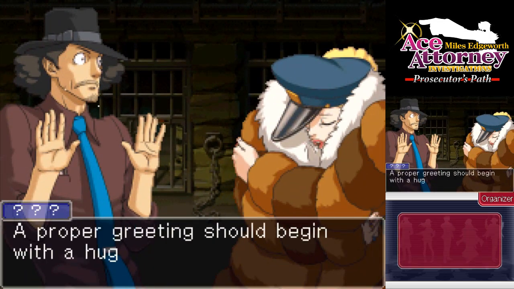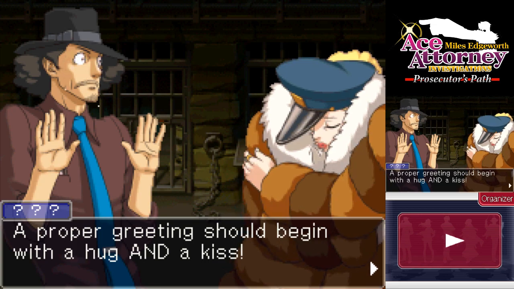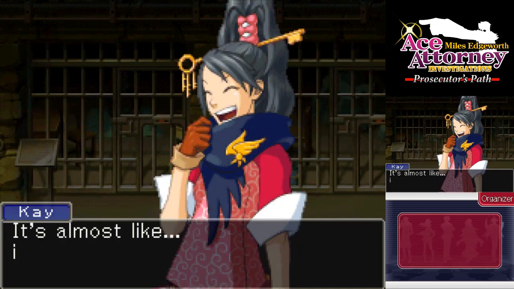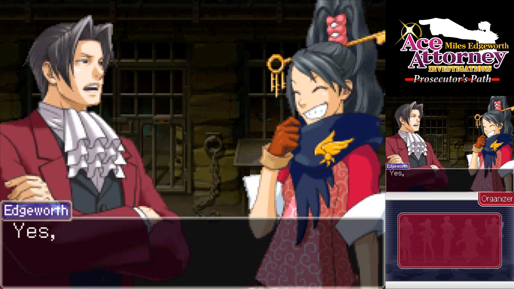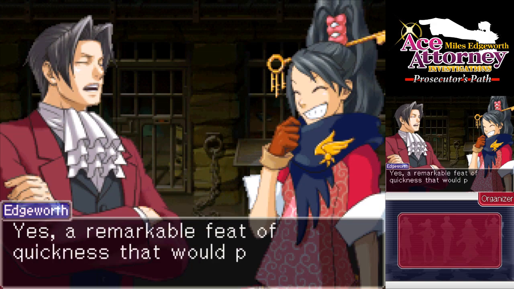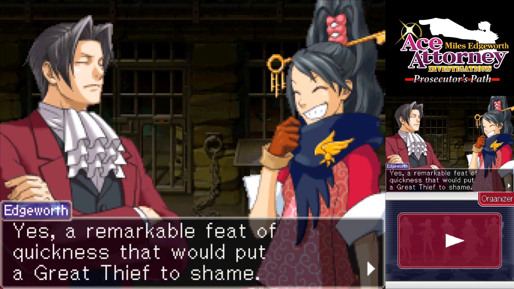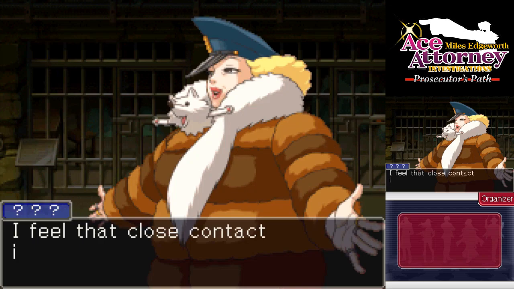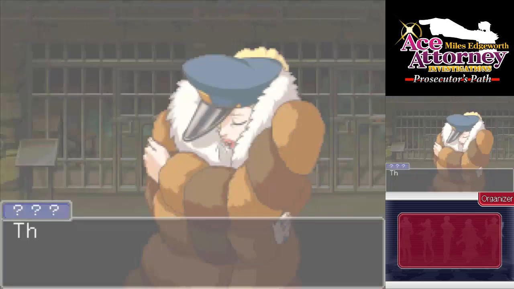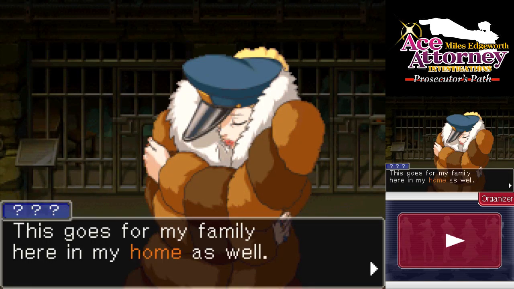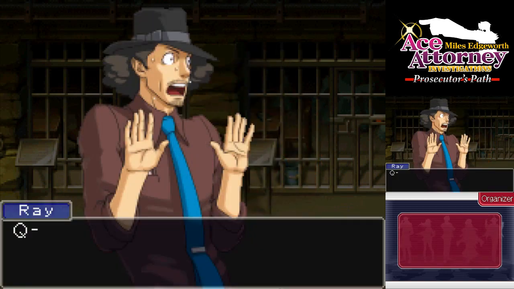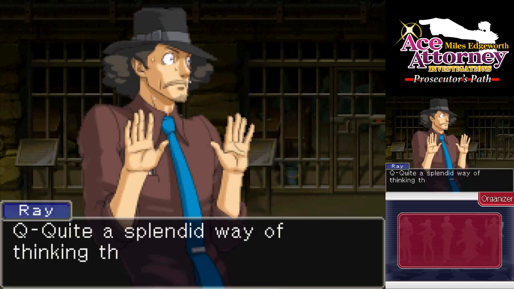A proper greeting should begin with a hug and a kiss. It's almost like it was stolen from him. Yes, a remarkable feat of quickness that would put the great thief to shame. I feel that close connection is very important. This goes for my family here in my home as well. Quite a splendid way of thinking there.